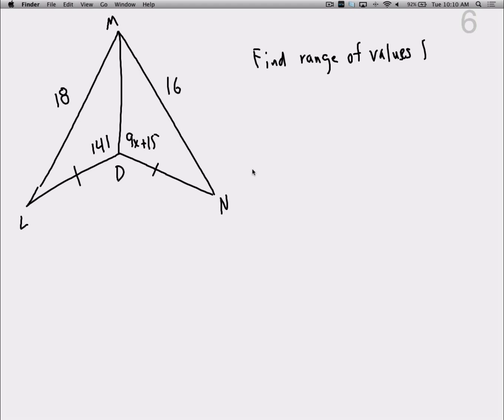Values for x. And notice this says range. There's a whole bunch of different possibilities here. This problem introduces a concept we haven't talked about yet, but it's fairly easy. We'll get to it in a second, unless somebody recognizes it early on.